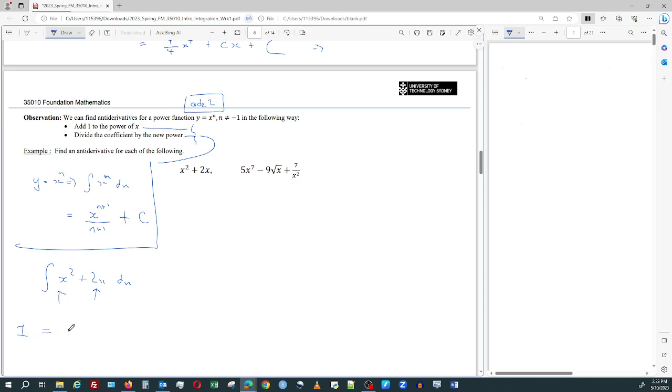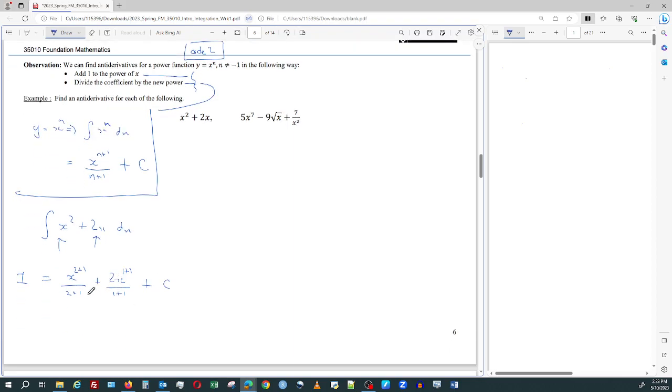I is equal to up and under. One plus one divided by 1 plus 1. Don't forget our constant.